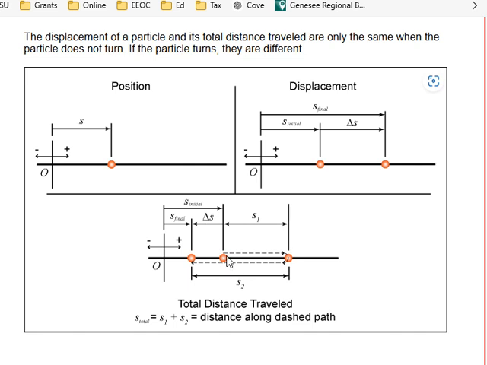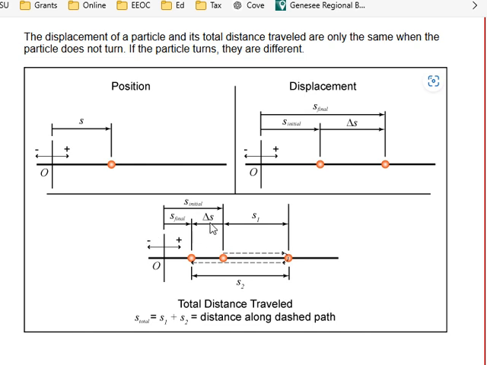Now you're going to start from here for total distance traveled, and you go there, the position here, and then you turn around and go past the initial point and go to the left, and you end up at the same position. See how the particle has taken a longer path but ended up at the same final position. So going from here to here, that's delta S, to the negative position, which is this way.